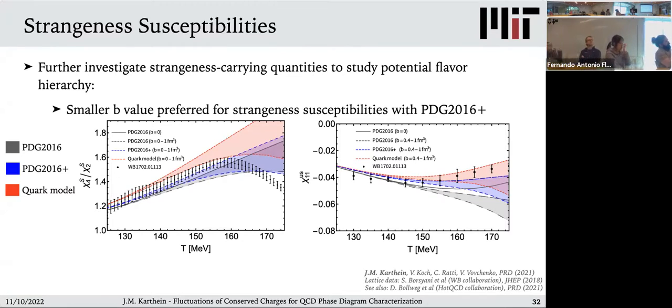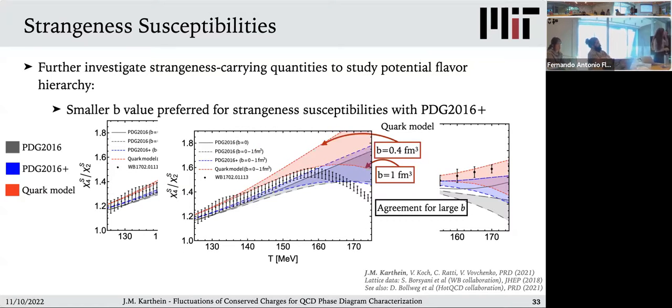And you can see for these, the error bars on a lot of the data are relatively large, although there are many points as a function of temperature. And let's look at what the different bands are here. The one which has the smallest excluded volume is going to be the one on top, and the one which has the largest is the one on the bottom with this nice curvature here.